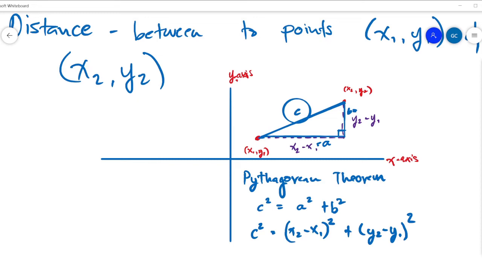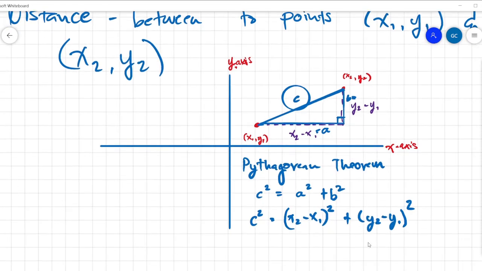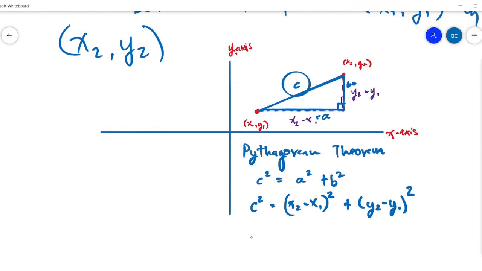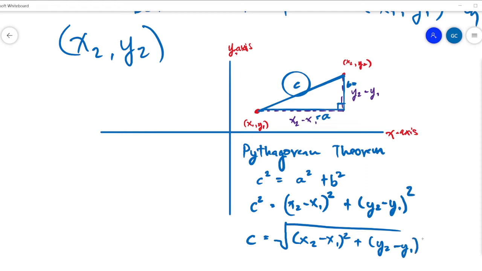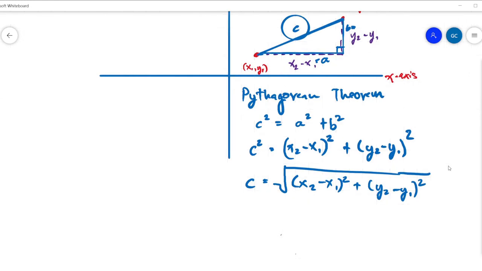What we need is a measurement of C, not C squared. So we'll just take the square root of x2 minus x1 squared plus y2 minus y1 squared, which is equal to our distance.